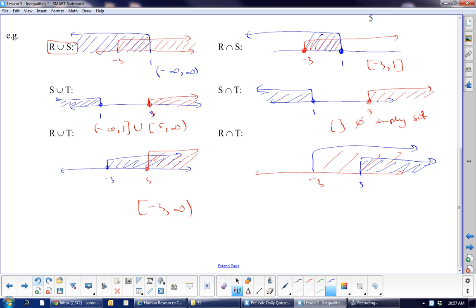What would be the "and"? 5, comma, infinity. How's that look? Does that make sense? There's one little caveat later that we'll see.